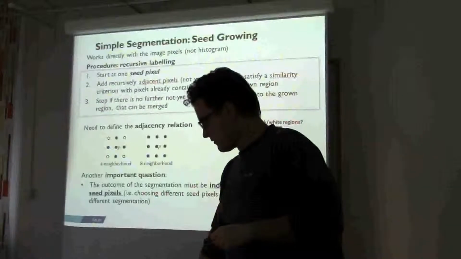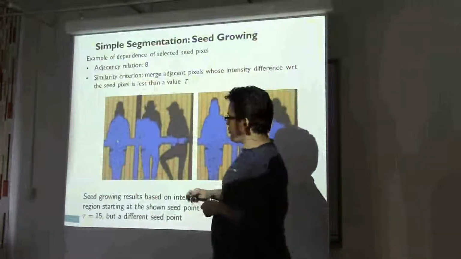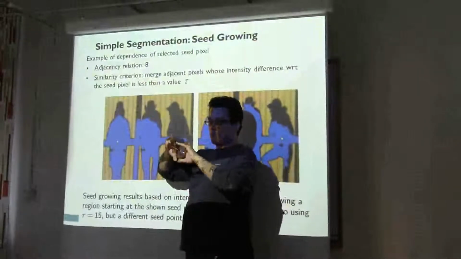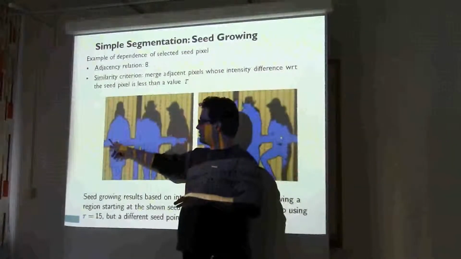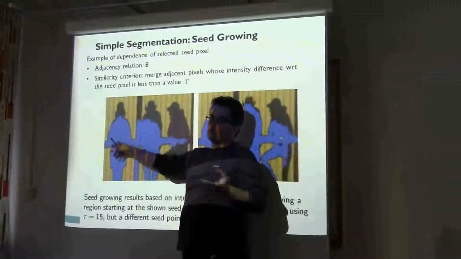This is another algorithm, region growing, it's the same concept. It's based on brightness, so you start in one point and then start to grow based on some property. You say, okay, a gray level difference with respect to this point below something.